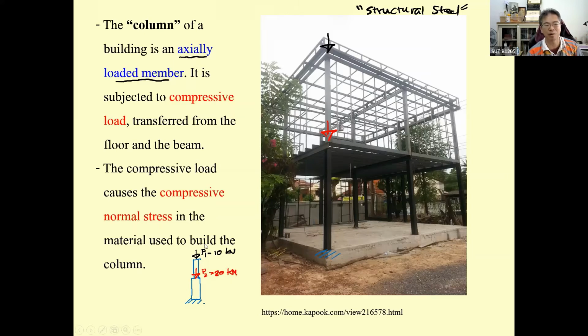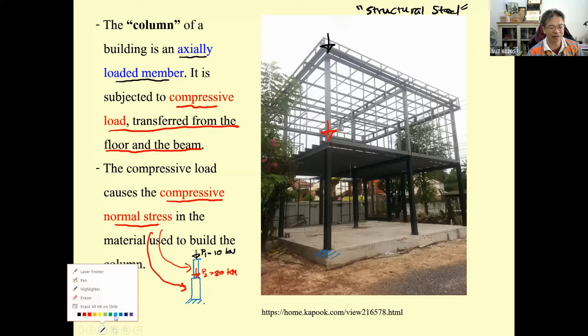So this is going to be the model. And you can see this compressive load is transferred from the floor and the beam to the column. This compressive load is going to cause stress inside this portion and also inside this portion. And you can see it depends on the size of the column.